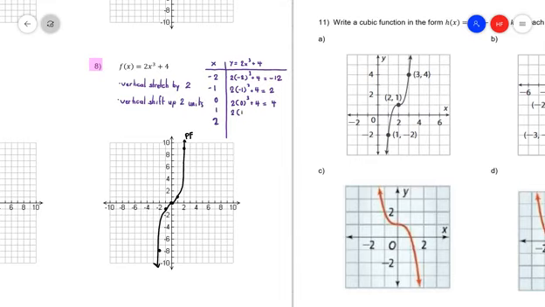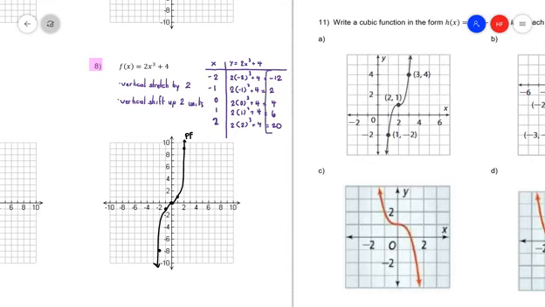And 2 times 1 cubed plus 4, which would be 2 plus 4, it gives me 6. And 2 times 2 cubed plus 4. 2 cubed is 8, so 2 times 8 is 16, plus 4 is 20. So then these are my new y values.